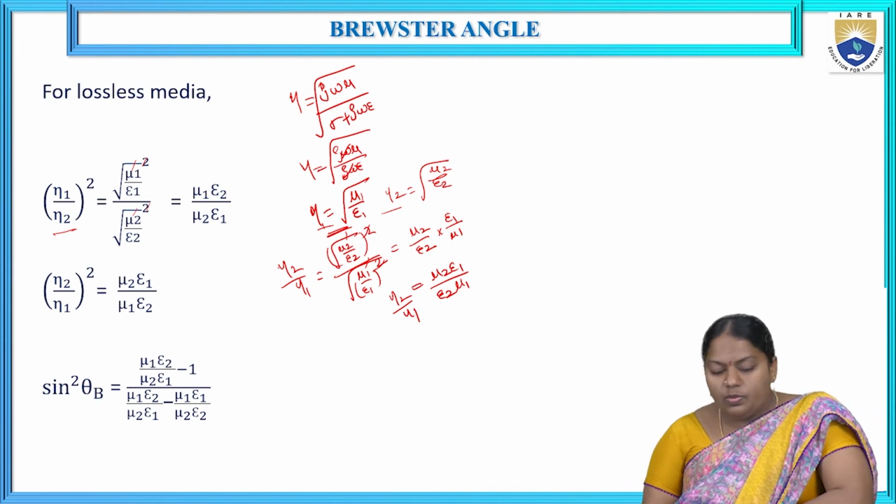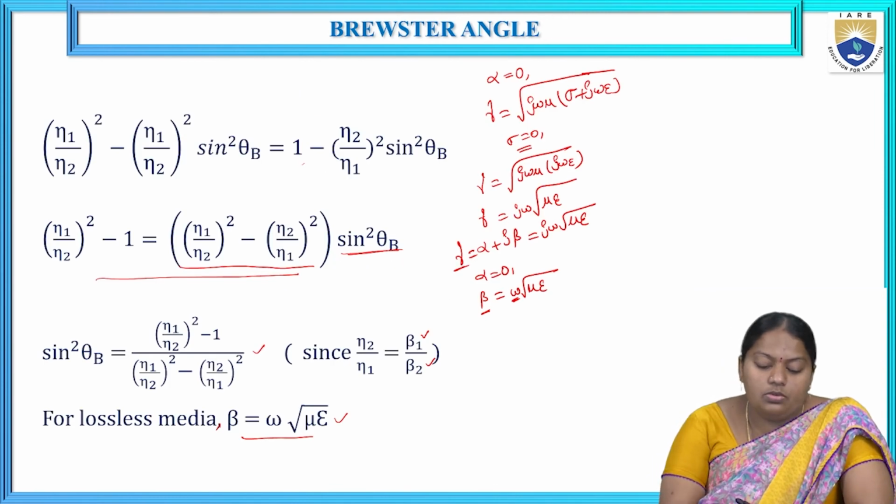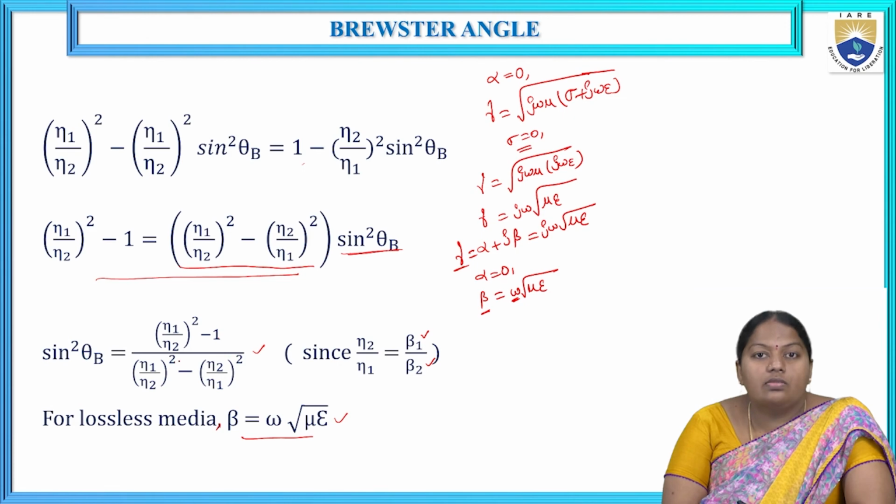Now sine square theta b equal to, from the previous expression, eta 1 by eta 2 whole square minus 1 by eta 1 by eta 2 whole square minus eta 2 by eta 1 whole square.